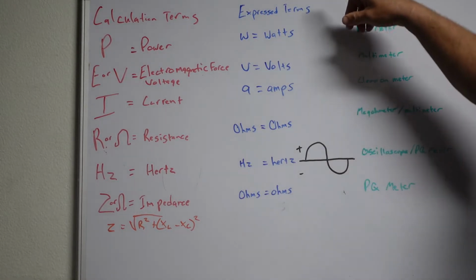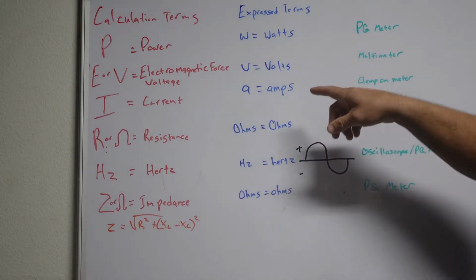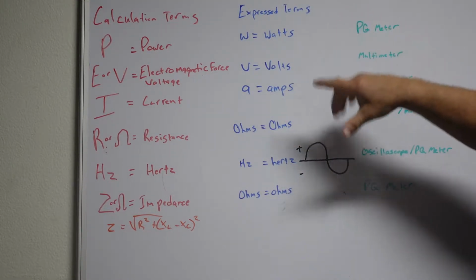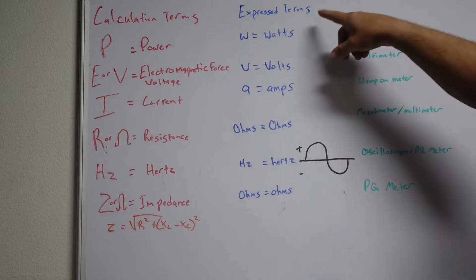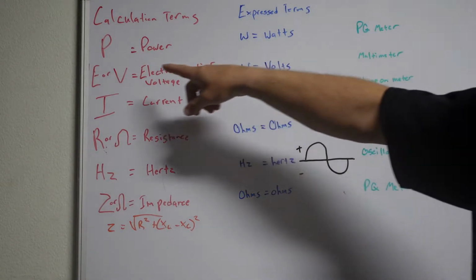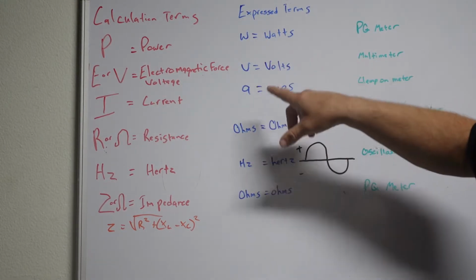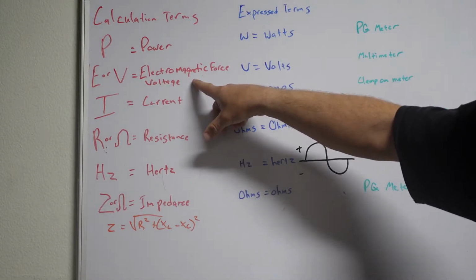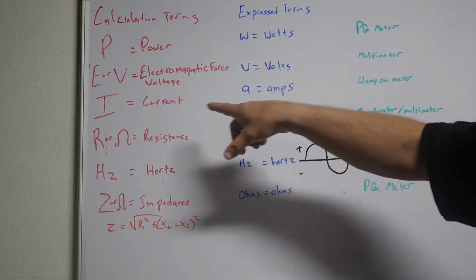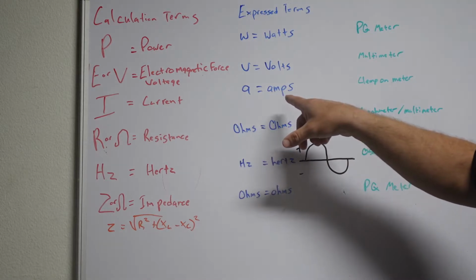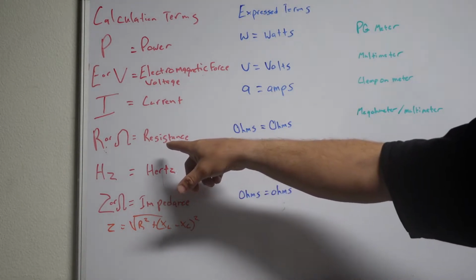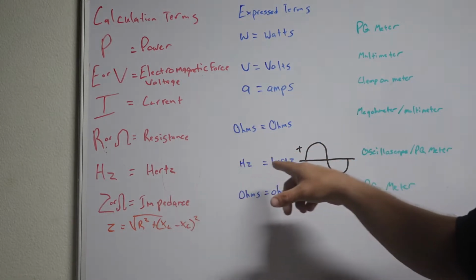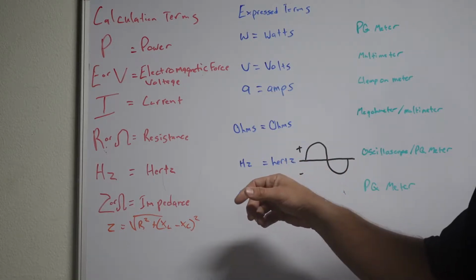And when you're writing out your answers or calculations, once they're done, it will be in the express terms. The express term of power is watts. The express term of electromotive force is volts. The express term of current is amps. For resistance, it's ohms. Hertz, it's hertz as well.